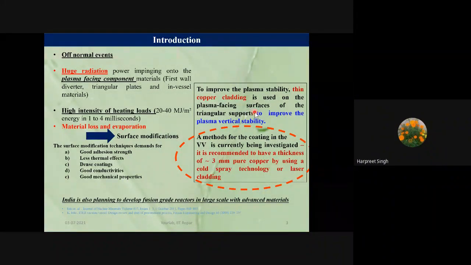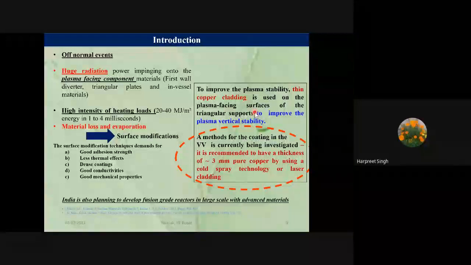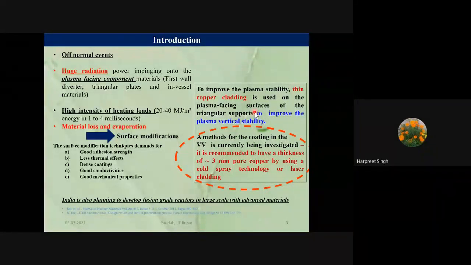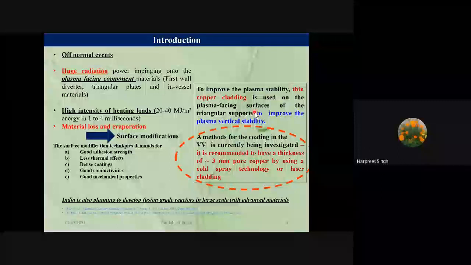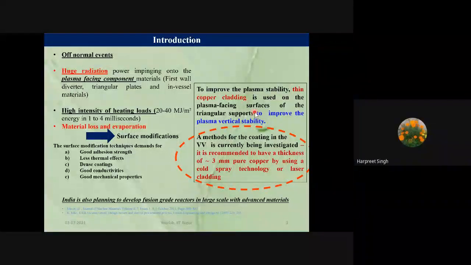Okay. Now here, of course, a method for coating. A lot of people are doing a lot of work in this context, especially some Japanese groups. They have come up with something like 3 mm thick pure copper coating by cold spray technology, and of course laser cladding is also tried.